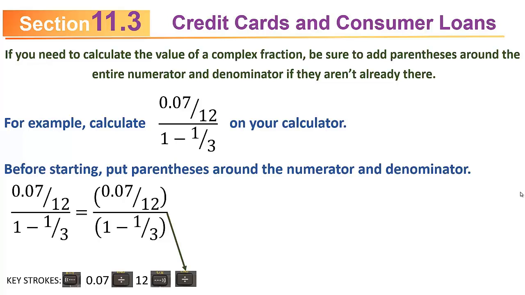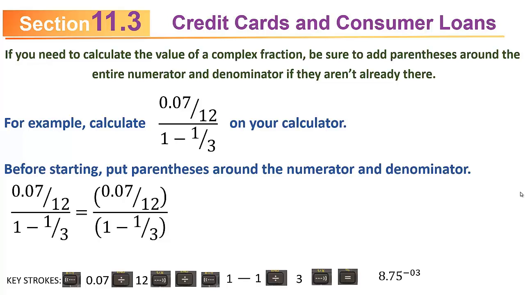Then you go to the bottom: a left paren, 1 minus 1, slash is a division, divided by 3, right paren, and all you need to do is press equal to evaluate, and that'll give you 8.75 to the negative 03.